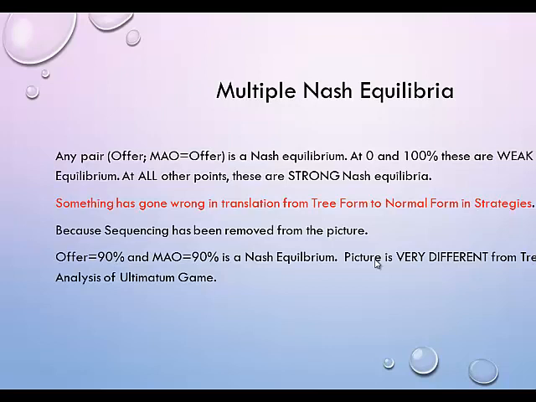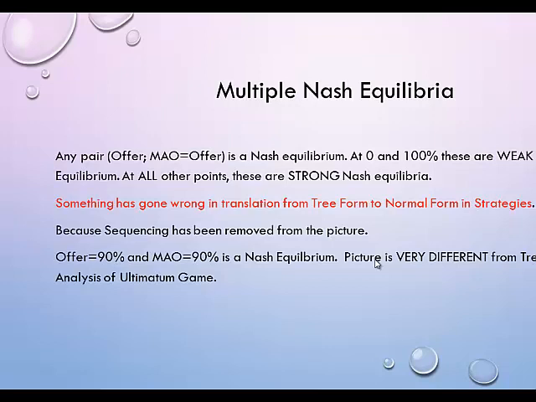Now you see, one possibility is that the second player says that my minimum acceptable offer is 90%. Now the first person must offer him 90% or he will lose. So a Nash equilibrium is when the first player offers him 90%, and this is a Nash equilibrium as long as the MAO is 90%.